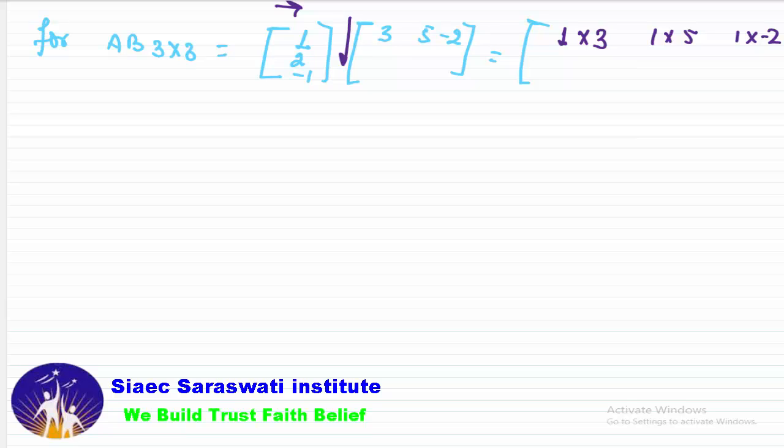Moreover, 2 into 3, 2 into 5, and 2 into minus 2, and minus 1 into 3, minus 1 into 5, and minus 1 into minus 2.